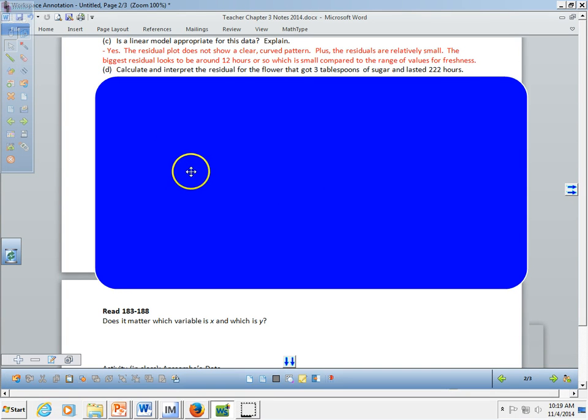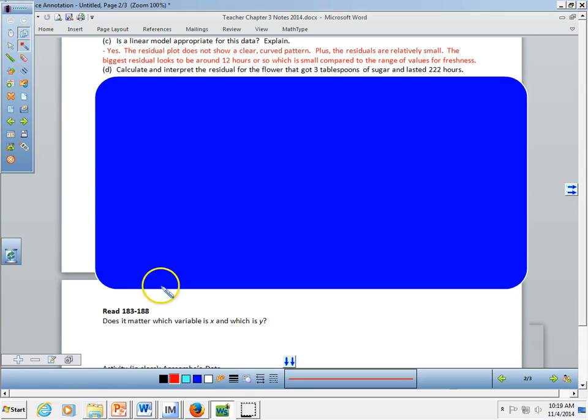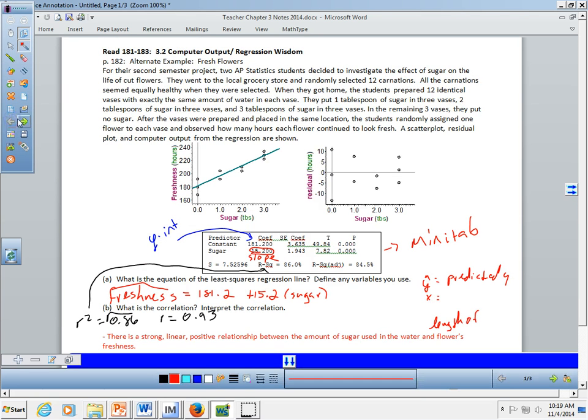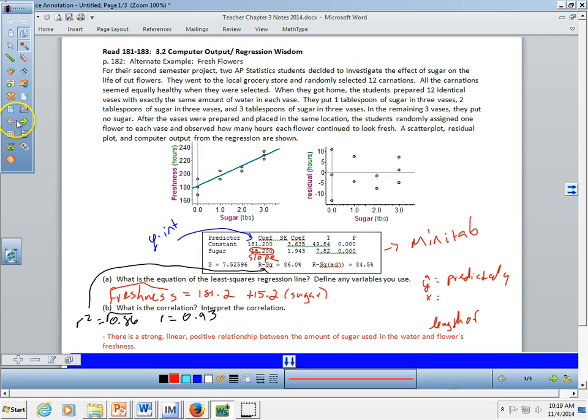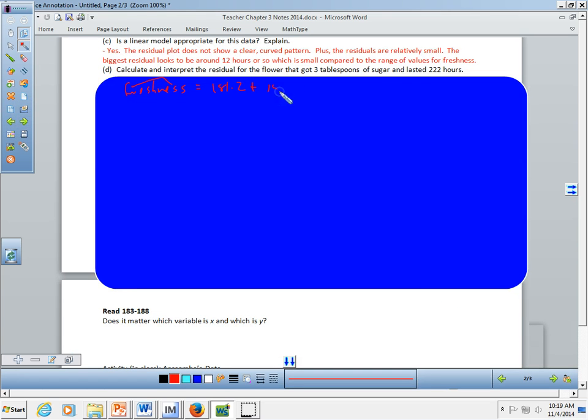Next question, calculate and interpret the residual for the flower that got 3 tablespoons of sugar and lasted 222 hours. Well, we do have our regression equation, which was freshness hat equals 181.2 plus 15.2 times the amount of sugar.